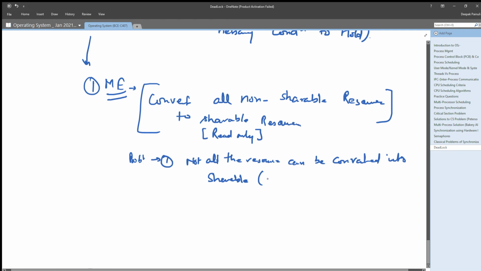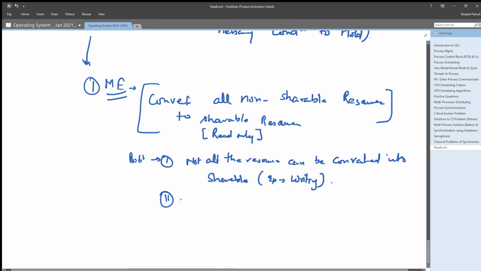An example is writing. If writing is happening, we cannot share it at the time when the writing is happening in the system, right? So the first problem when preventing mutual exclusion is that not all resources can be converted into shareable.